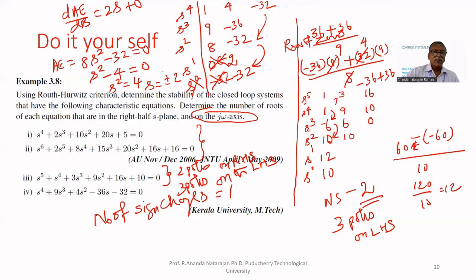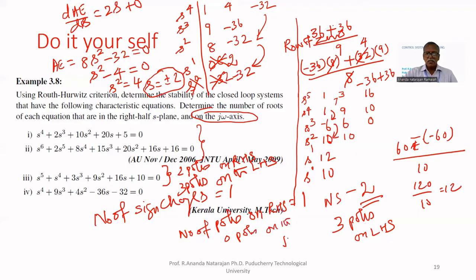And the roots of the auxiliary equation are also not on the j omega axis. Therefore, only one pole is on the right hand side. Number of poles on the RHS equal to 1. No poles on the j omega axis. 0 poles on the j omega axis.